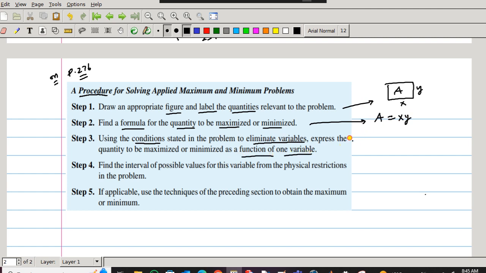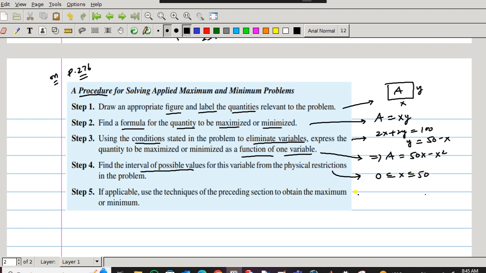That's what we did. So in the third step, we wrote 2x plus 2y is equal to 100, and it gives me y is equal to 50 minus x, and that changes my A to one variable, 50x minus x square. Right? This is what we did. Change to one variable. Then he said find the interval of possible values. So see, we found the interval of possible values from 0 to 50.